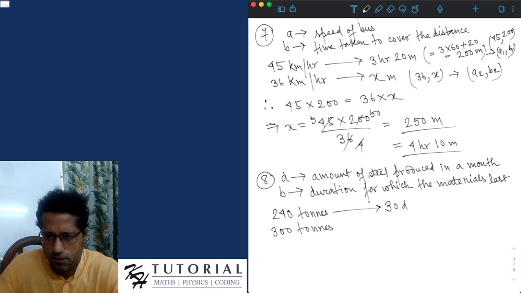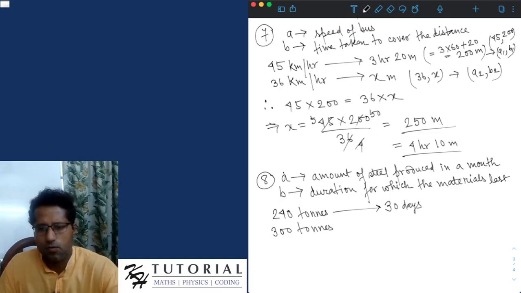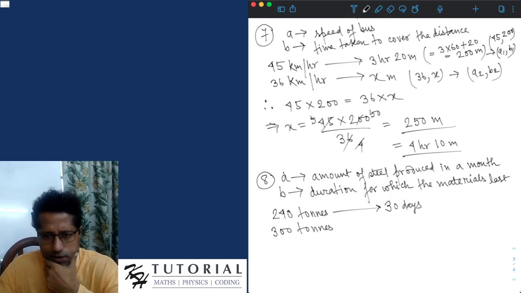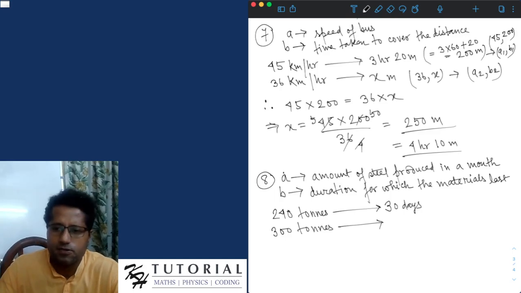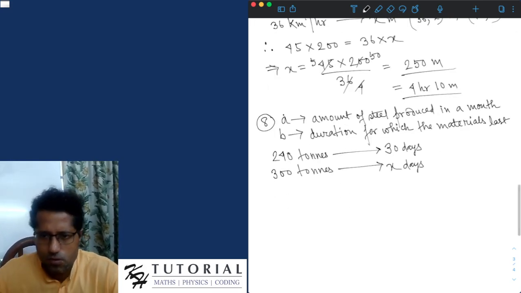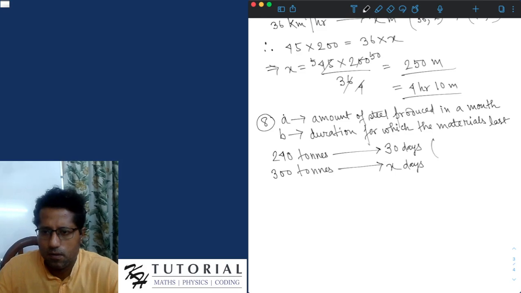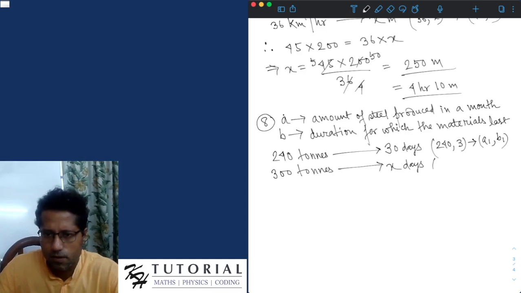Assume that to produce 300 tons in a month, the materials will last X days. So 240 comma 30 is the value of A1 and B1, and over here 300 comma X is the value of A2 and B2.